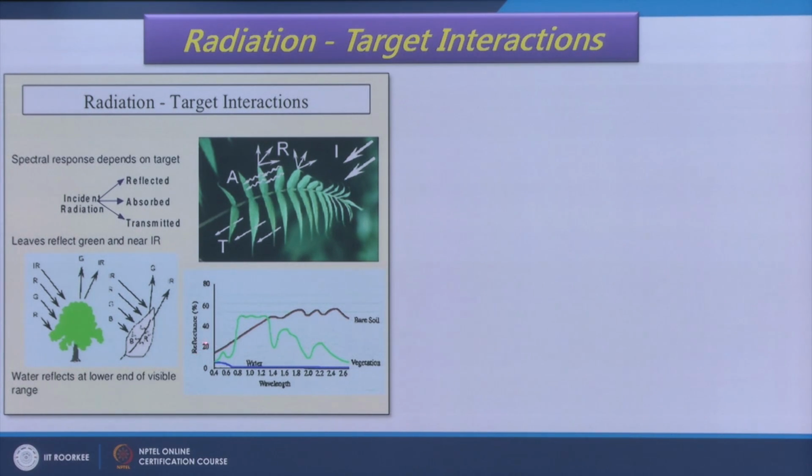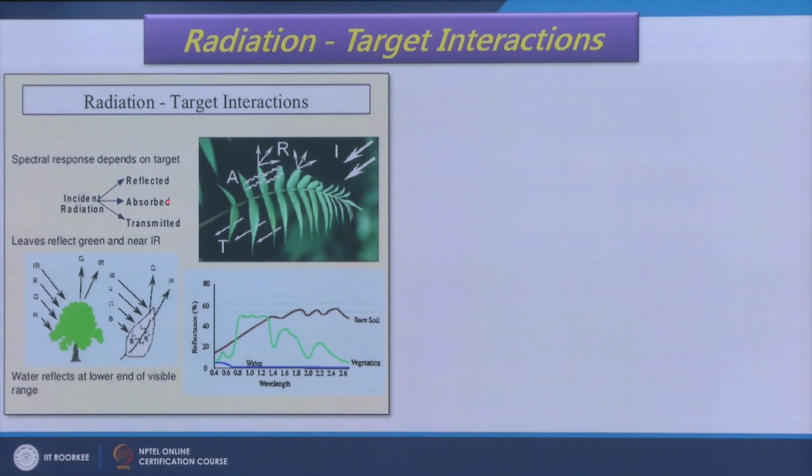We see that the bare soil shows the maximum reflection around 1.4 to 2.6 micrometer, whereas the vegetation, which is very important to notice, suddenly jumps around 0.7 and shows very high reflection compared to other parts of the EM spectrum, whereas the water only shows some reflection in a very small part of the EM spectrum, and then there is a sort of complete absorption.